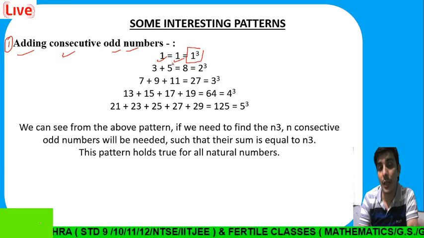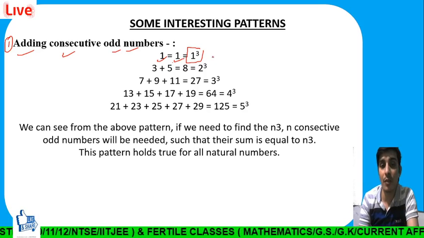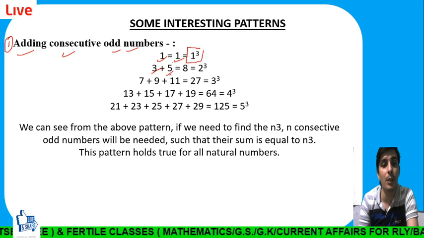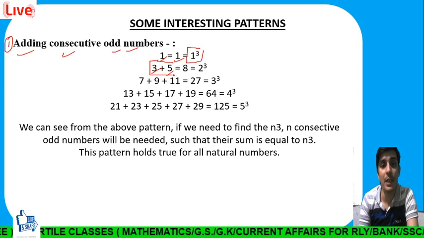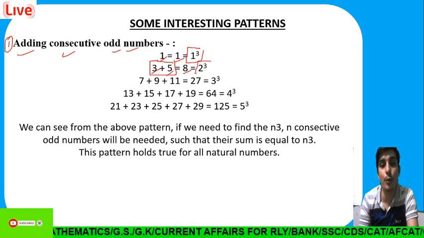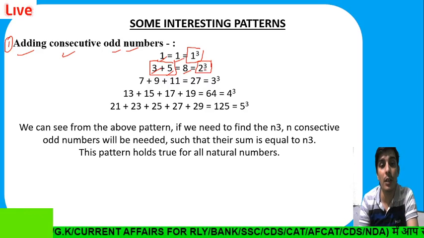Now I am going to take the next two consecutive odd numbers. After 1, the next two consecutive odd numbers are 3 and 5, and after adding we get 8, and 8 is equal to 2 raised to the power 3.